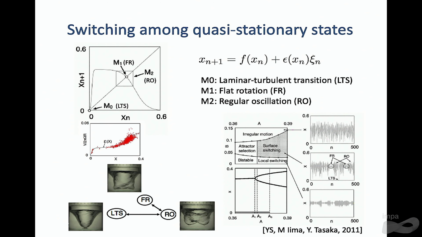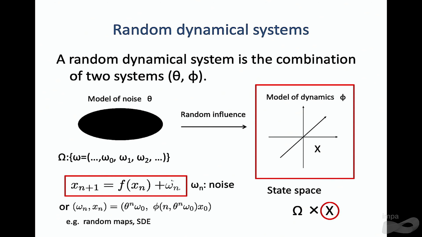Right, in this way, we could use this random map, random dynamical system model, for rather high-dimensional phenomena. Right, so in this way, I met this random dynamical system theory and studied mathematics very hard. But the formalization is given this way, basically. So a model of deterministic dynamics, a model of noise, and this affects one way.